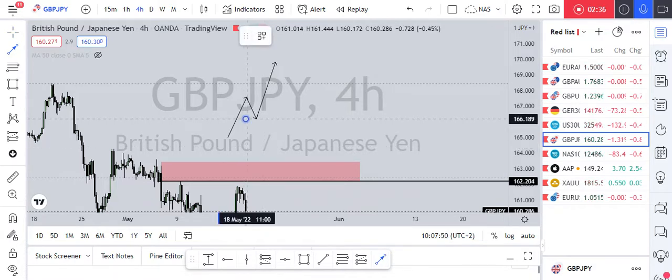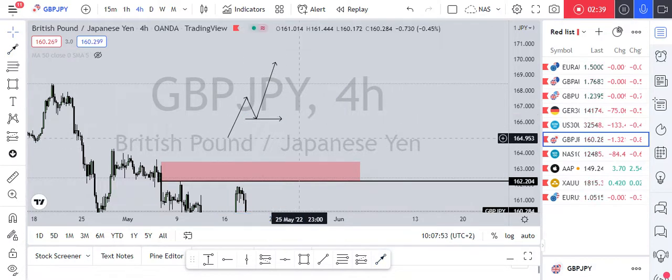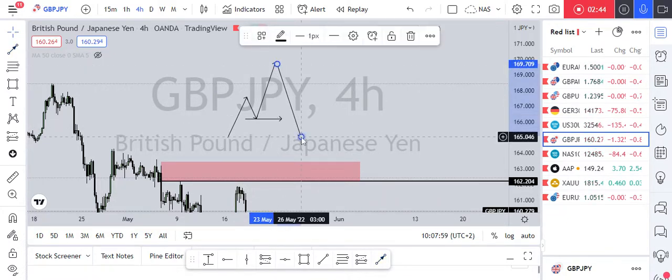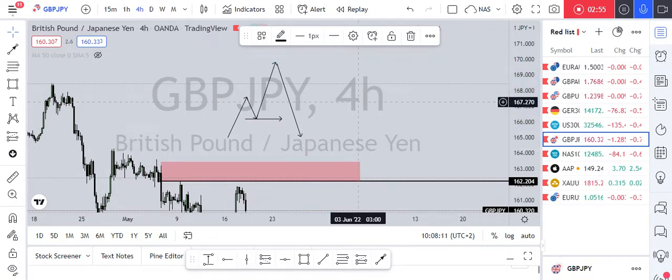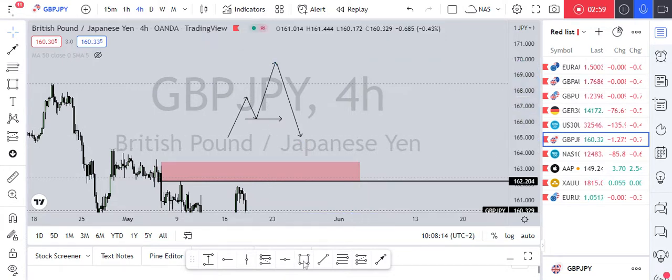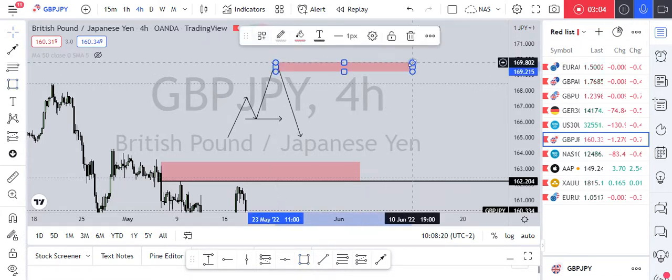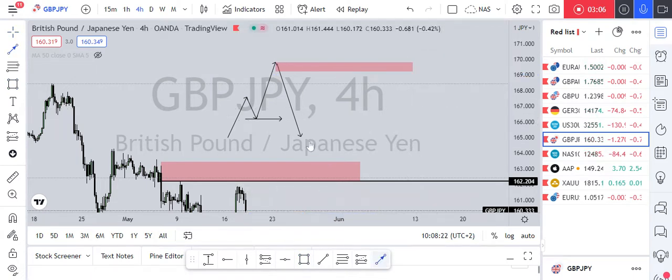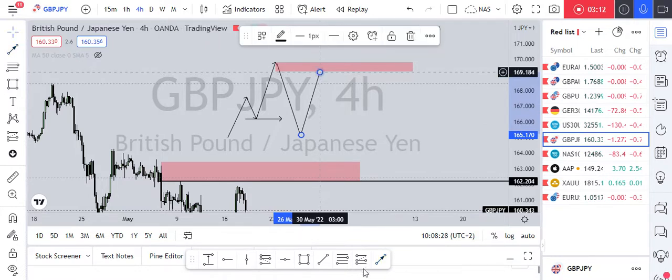So the setup is: when price breaks this previous low, totally violates it and closes below it, and a macro candle, a very big time frame candle like 4 hour upwards, closes below the previous low, we are looking for price to come back to an order block or supply and demand zone, most probably at the origin of that move. Price comes back, taps that area, and then we look out for sells off of that zone.